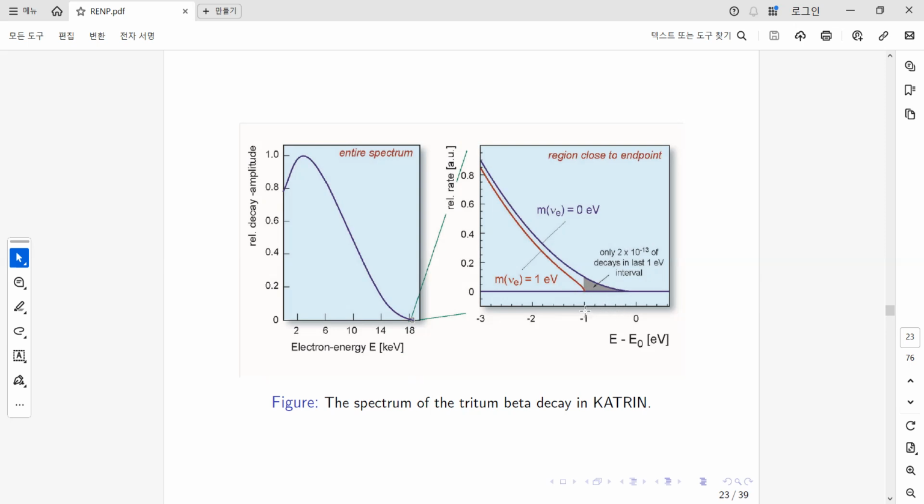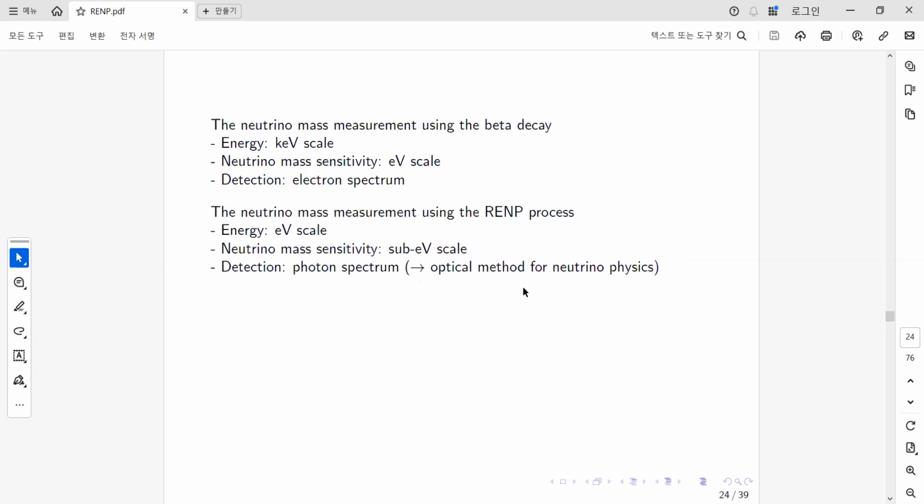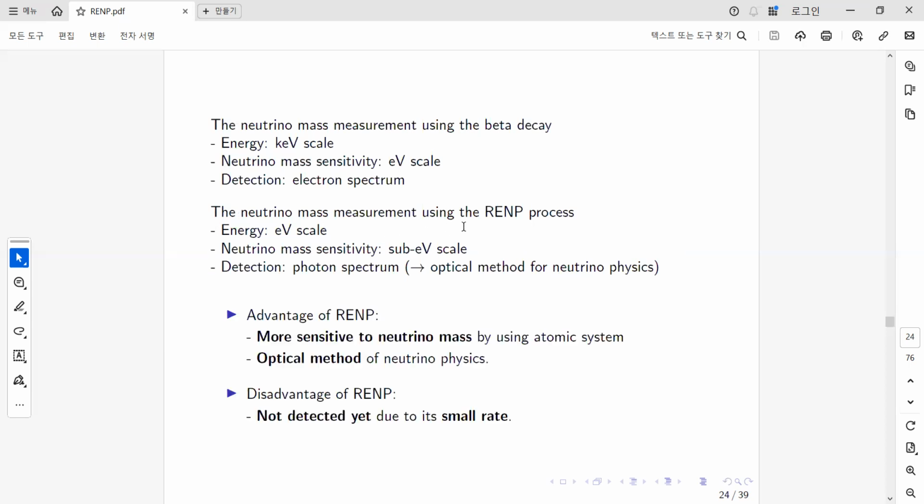The sensitivity is almost 1 electron volt. But in the LAMP case, the atomic system's energy is almost electron volt scale, so the neutrino mass sensitivity is at the sub-electron volt scale. And the detection is possible by the photon spectrum, so optical methods can be used for neutrino physics. So there is a very good advantage for the LAMP signal for the neutrino mass measurement.